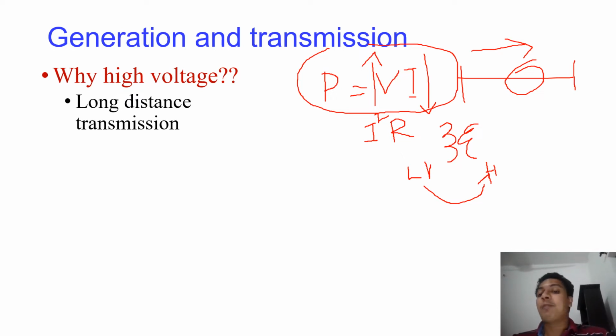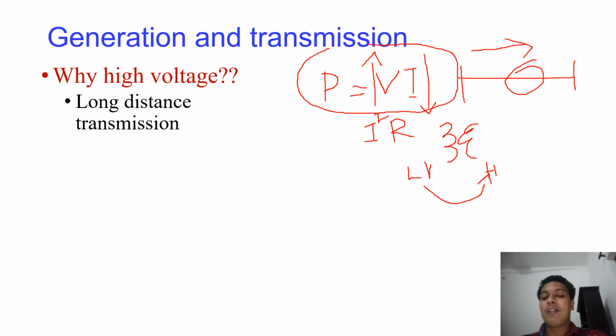That is possible because it is transmitted at a higher voltage, not at the voltage at which it is generated. Similarly with wind power units, we have to keep them where wind is available, right? Solar power units we have to keep where you have more solar radiation. You cannot keep them where you need to use the power. So that is the major difference, that is the requirement, right?